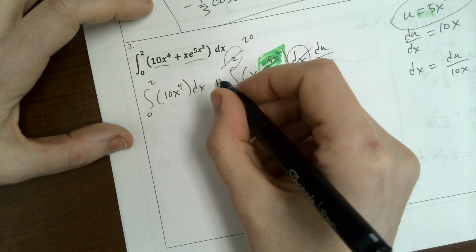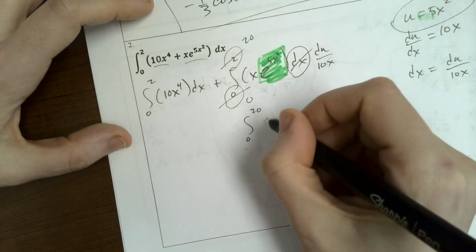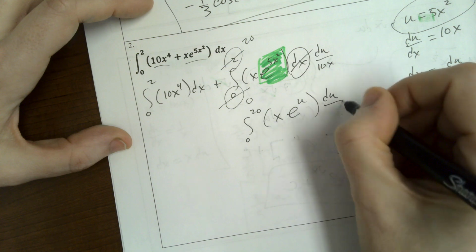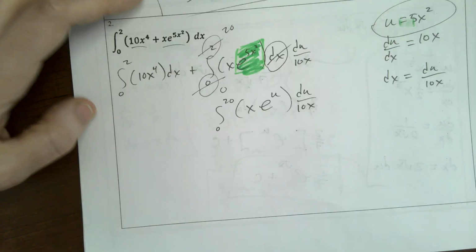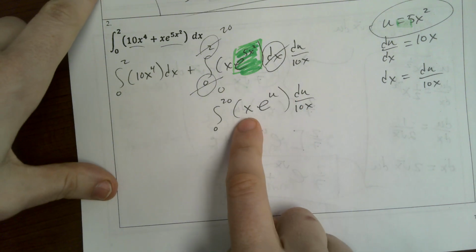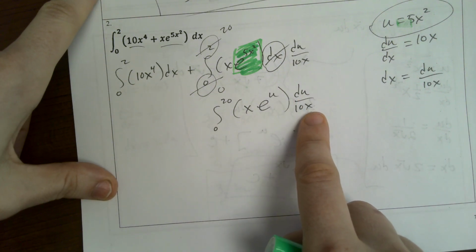So this integral is the integral from 0 to 20 of x e to the u du over 10x. Now, this x is on the top, think of that over 1, and that x is on the bottom.